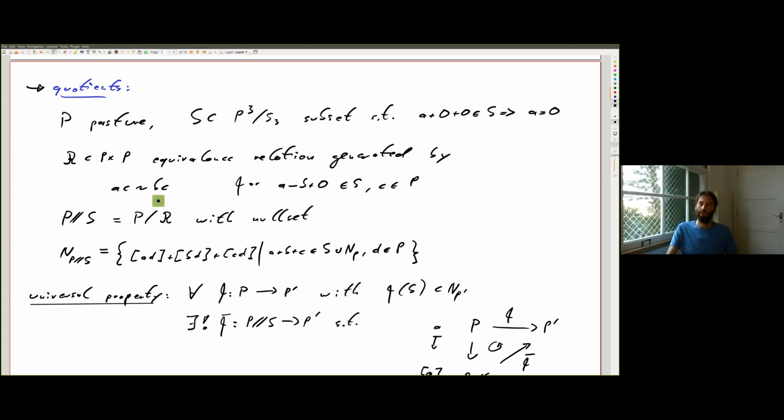So we have to multiply by C so that the quotient of P by this equivalence relation becomes a monoid again.